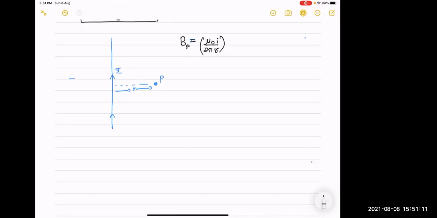Yes, it was a big integration. We did it with alpha, and there was an expression of sine alpha plus sine beta, right? Finally we put alpha and beta both as 90 degrees and arrived at this result.